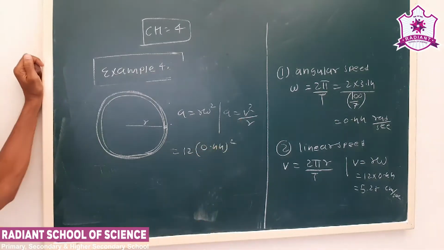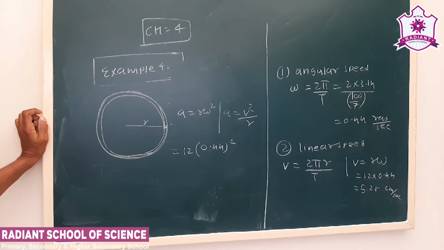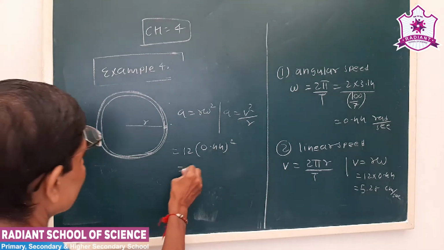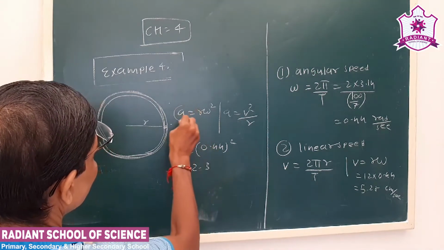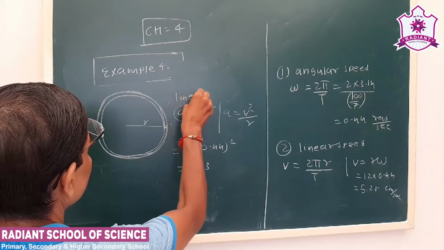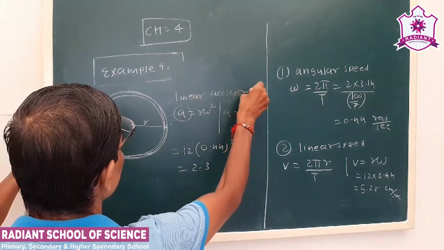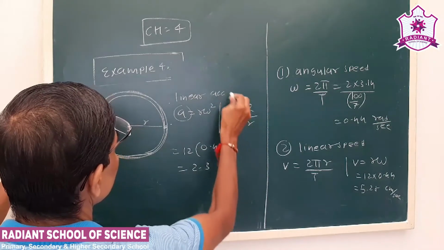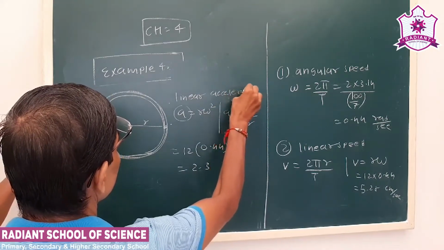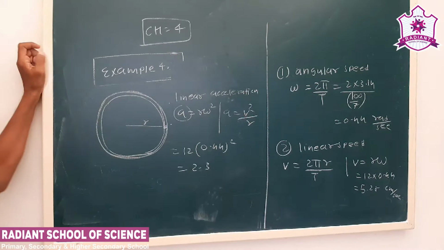You can use this also. We'll get the same answer. So r omega square will be 2.3. See, this is linear acceleration. Okay, that is 2.33.